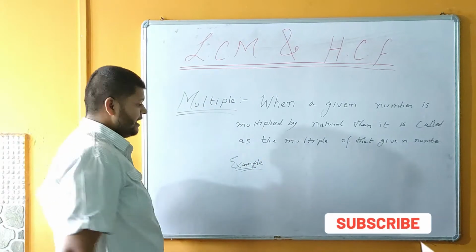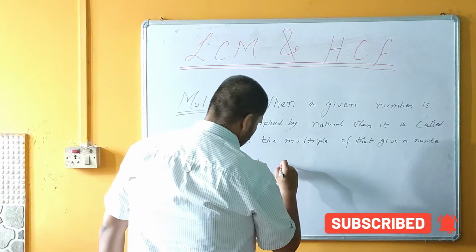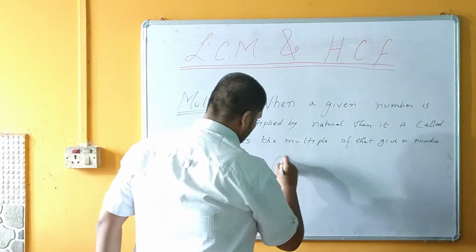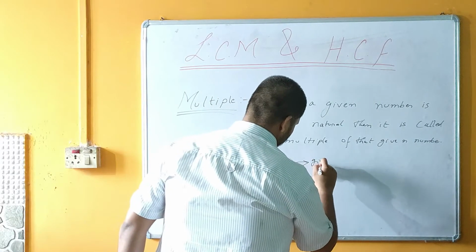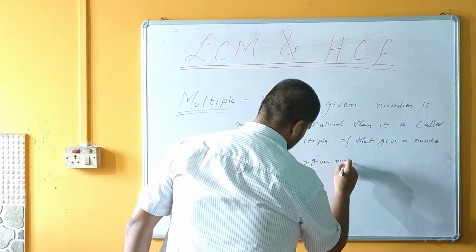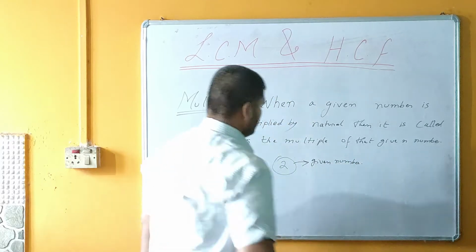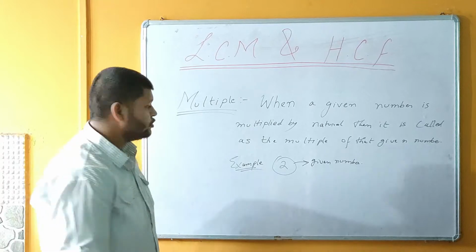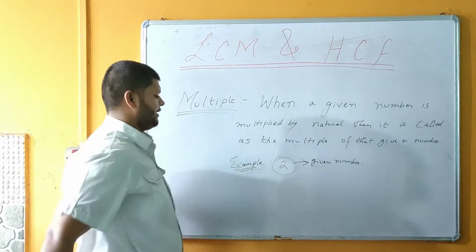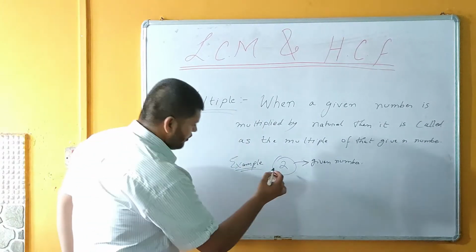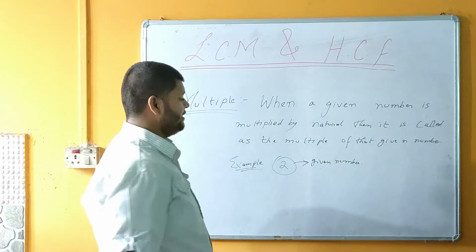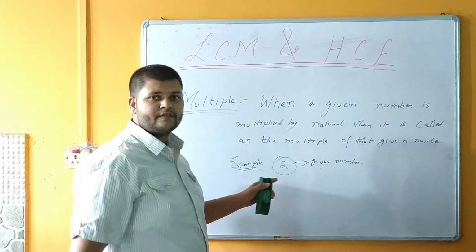Suppose I am taking one number, that is 2. This 2 is the given number, and I want to find the multiples of 2. According to the statement, when the given number is multiplied by a natural number, it forms a multiple of the given number.